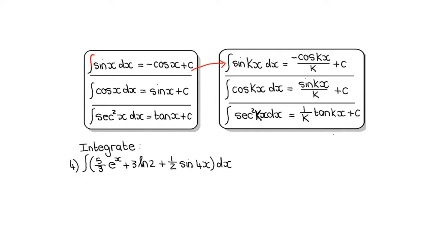How will I adjust? Firstly, if these rules were given just with x and not kx, and I want to integrate sine kx dx, I will say, well, since I know the integral of sine is negative cos, I know it will be negative cos kx, because if you start with a kx, you will end up having a kx.